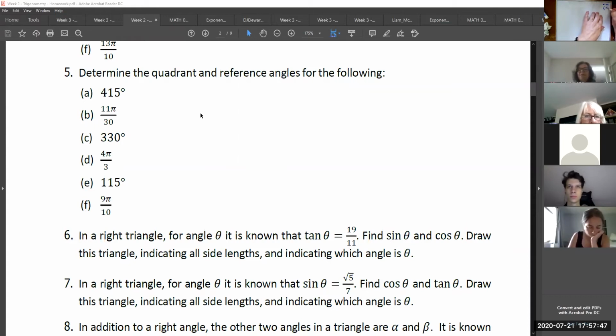And I'm just going to make note of these really quickly. 415 degrees, 11 pi over 30, 330 degrees, 4 pi over 3, 115 degrees, and 9 pi over 10.